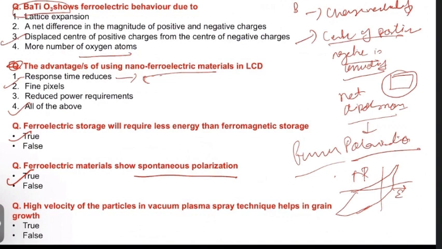There should be an effect of heating. There should be an effect of cooling rate. But is there some effect of velocity of the particles? Is this statement true or false? This is false. There is no such effect of velocity of the particles.